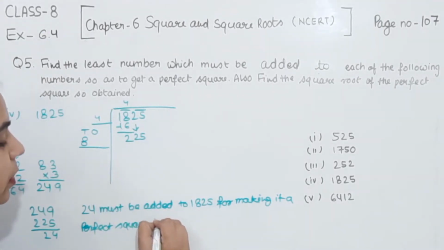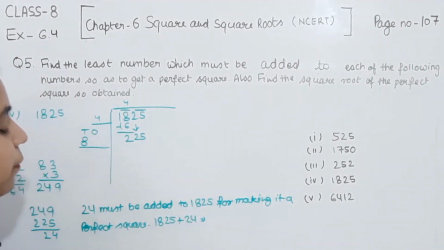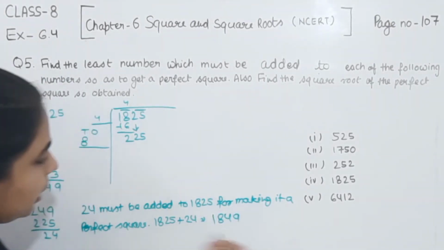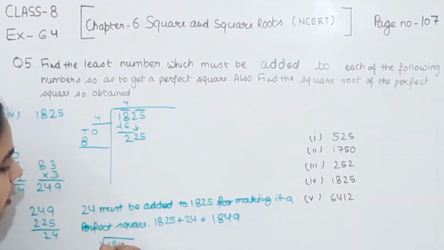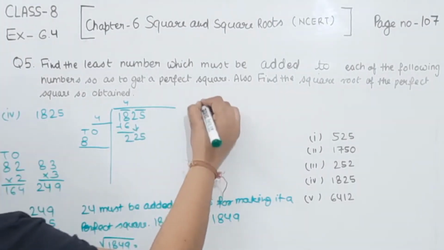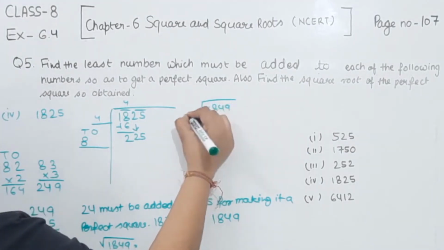So I'm going to write here 1825 plus 24. Then if I'm going to add, then we are going to get the number as 1849. Now root 1849 is equal to, we are going to find the square root of this one.